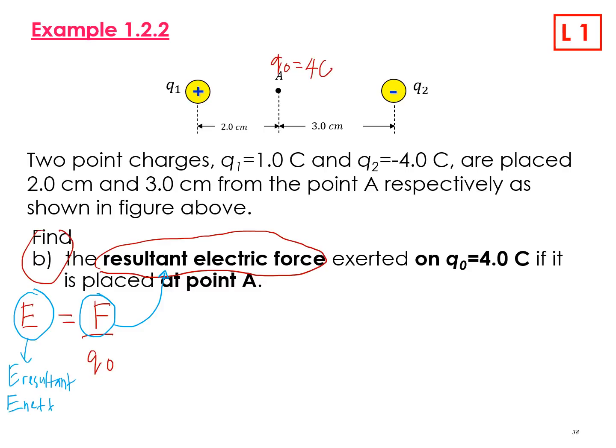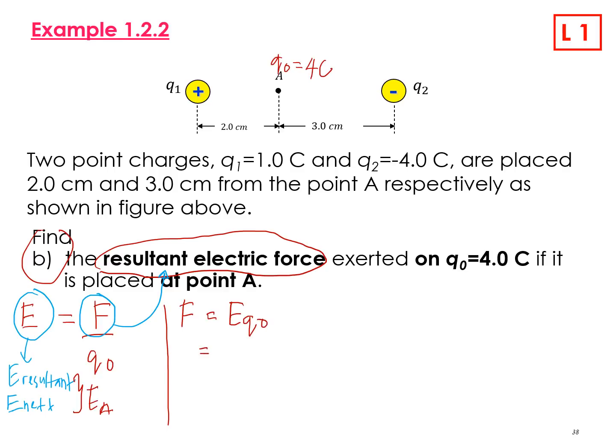But for this E, we already found it earlier in part A, that E resultant and E total are represented by the E at point A. Okay, remember? So from this, you rearrange the equation, you will have F equal to E Q naught.